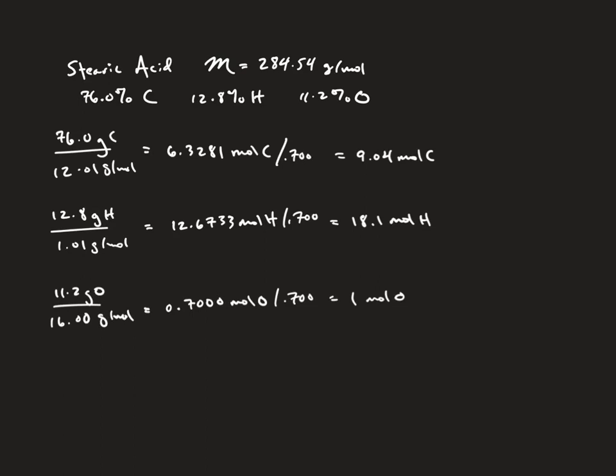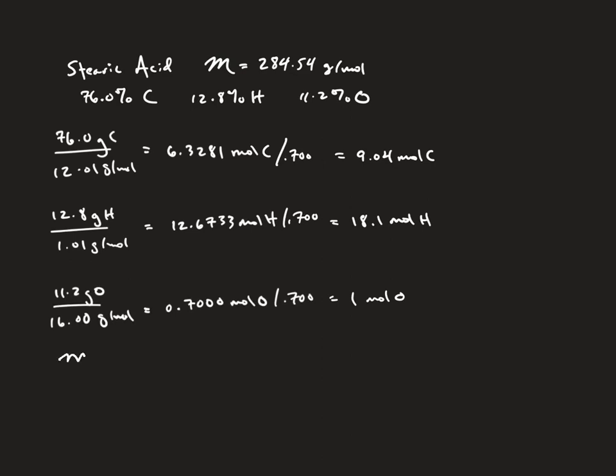Now, if we're doing this correctly, it should work out nicely because, like we saw before, my molecular formula should be some sort of multiple of the empirical's molar mass. So we'll see if we're correct on this.